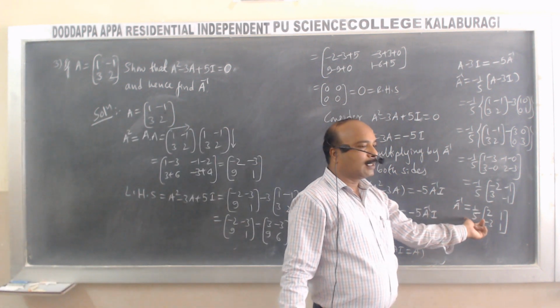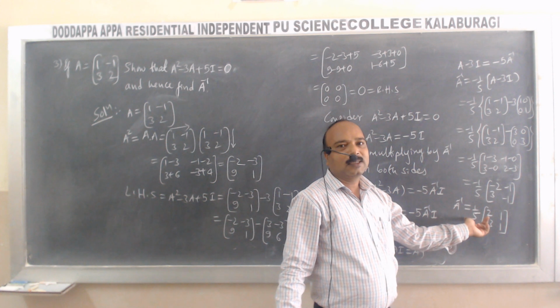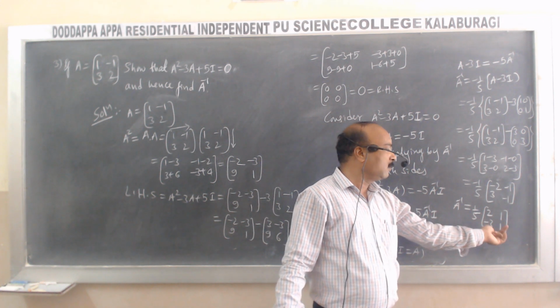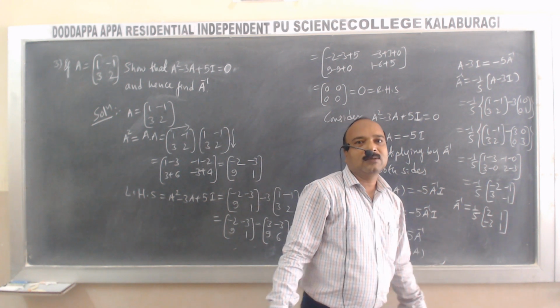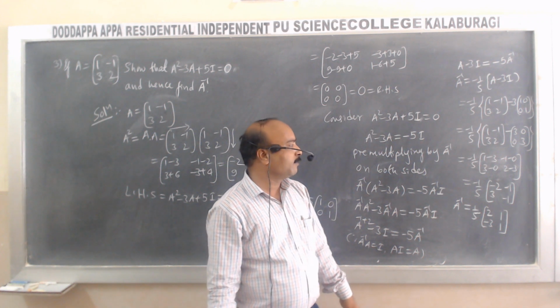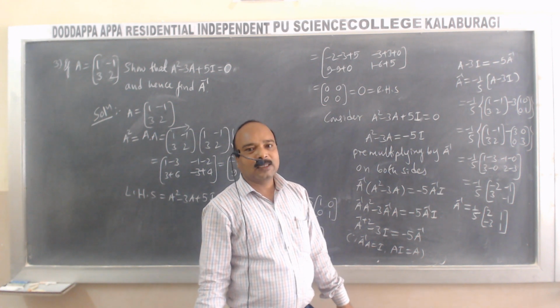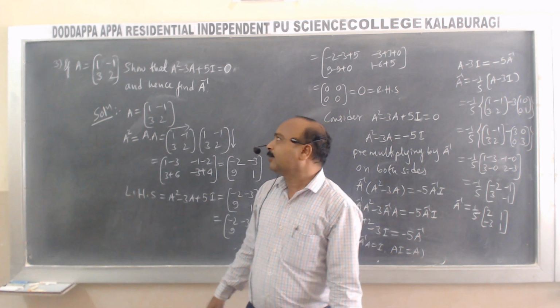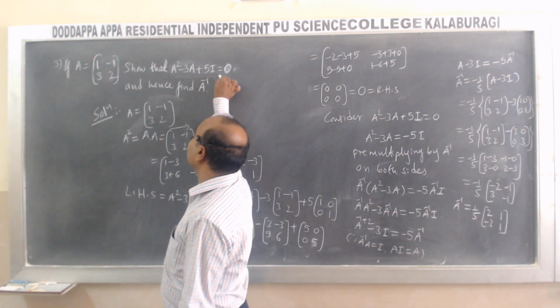So it is verified with the direct formula, that is 1 by determinant of A into adjoint of A. It is verified, that is the inverse of the given matrix. Like this we find the inverse by using the given equation.